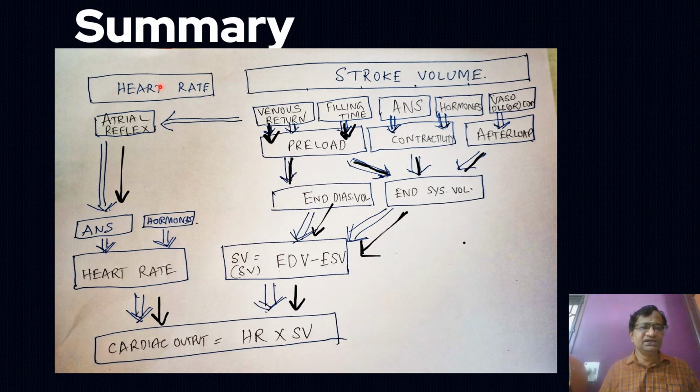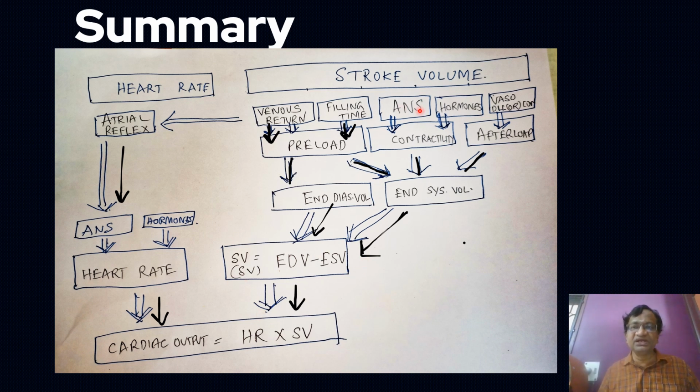The heart rate is dependent upon the autonomic nervous system and hormones. Heart rate into stroke volume is cardiac output. The heart rate is controlled also by the venous return by way of the Bainbridge reflex. The heart rate influences filling time by decreasing the diastolic time, especially diastasis. The preload decreases means your stroke volume decreases.